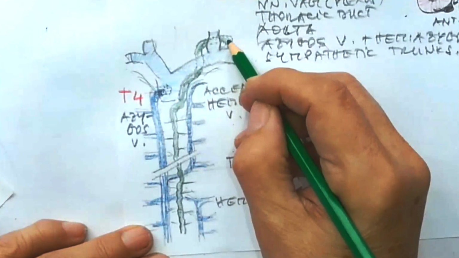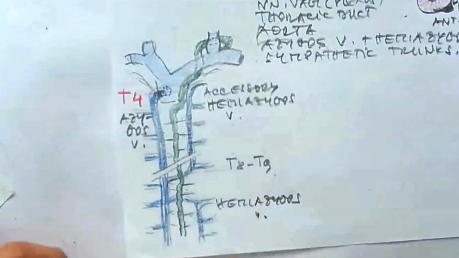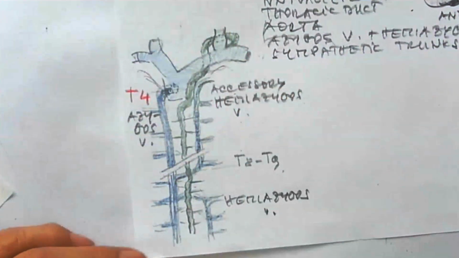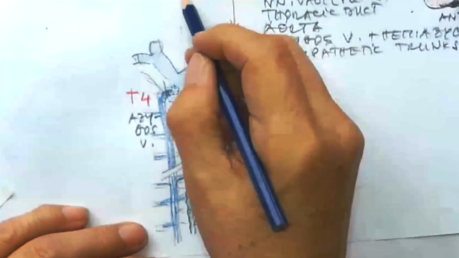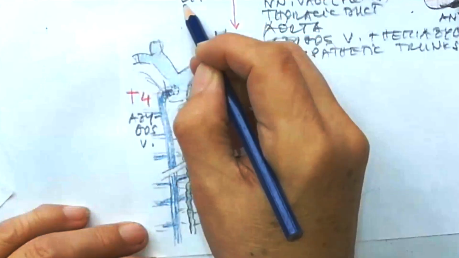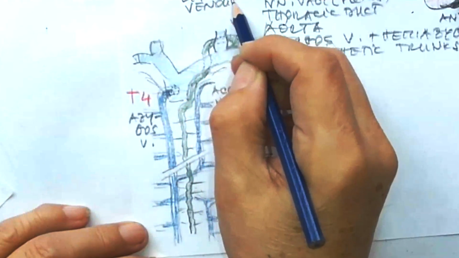So then this thoracic duct opens into the, we could name it, this is called left venous angle.